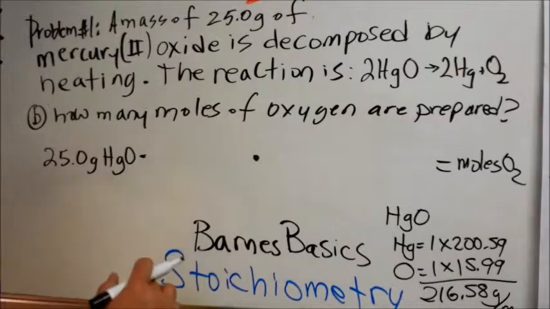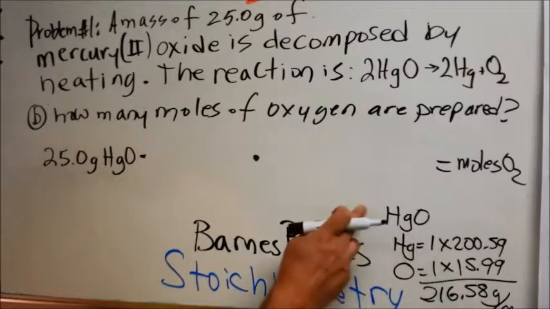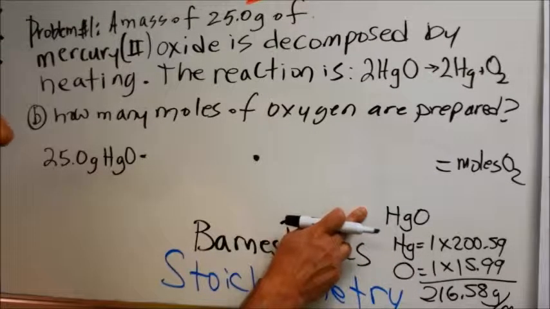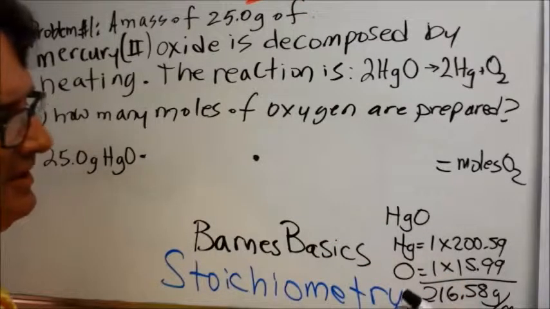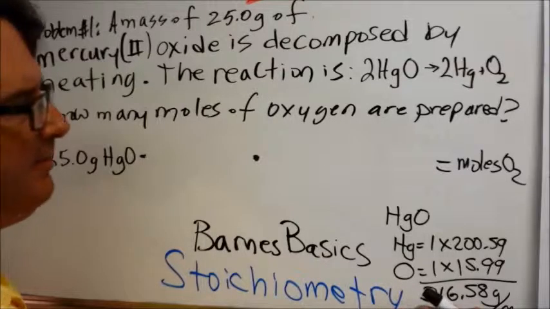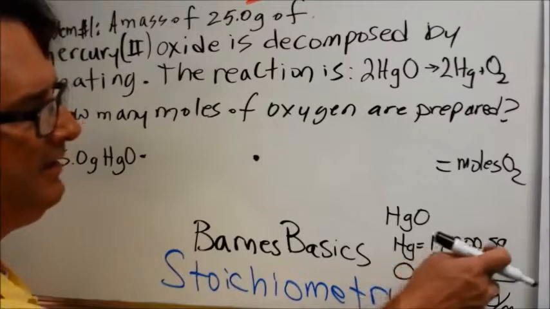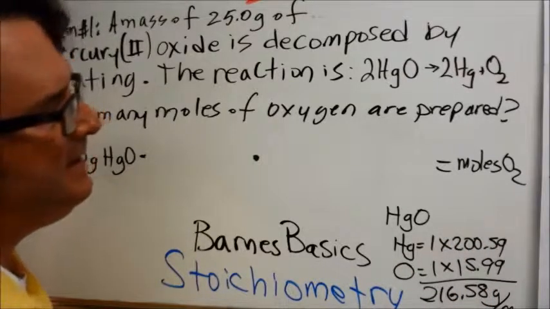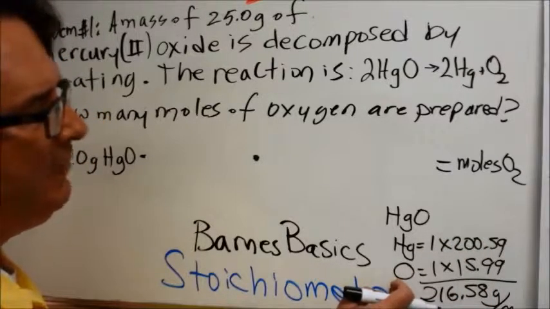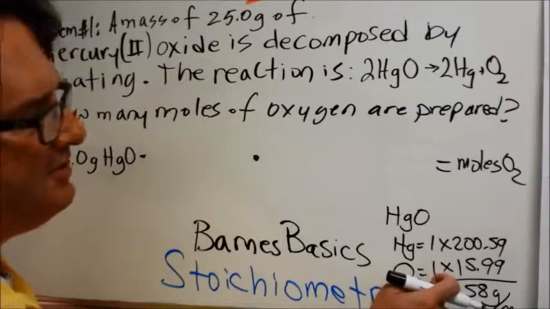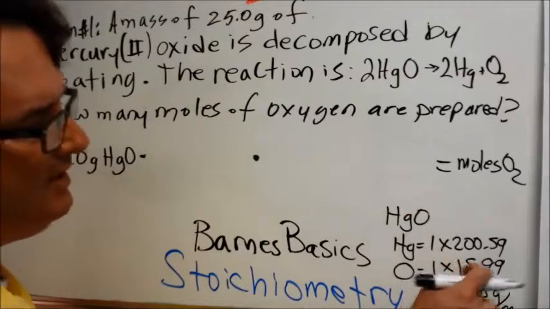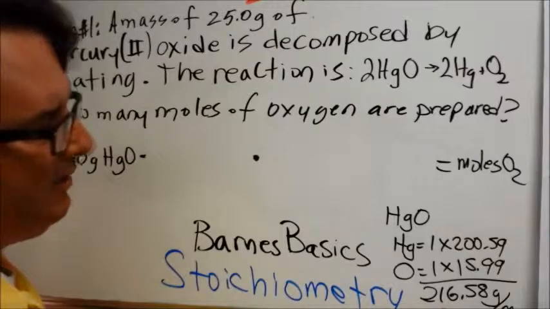The first thing that we have to do to convert from grams of mercury oxide to moles of mercury oxide is to look at the formula weight. We've already determined that the formula weight of mercury oxide is 216.58 grams per mole. We looked on the periodic chart. We only have one atom of mercury, which weighs 200.59 per mole, and we have one atom of oxygen in this little formula, 15.999.